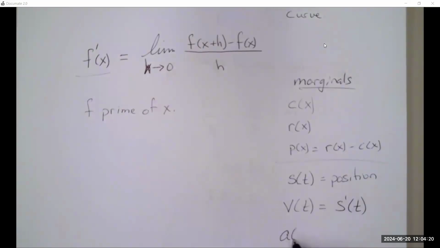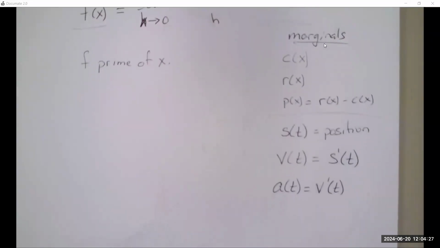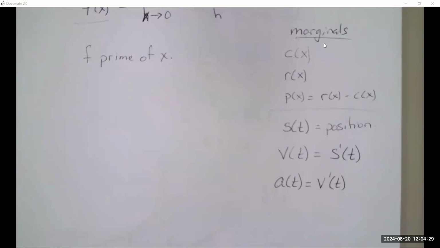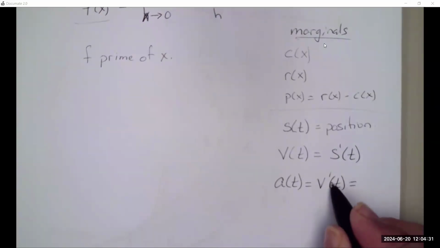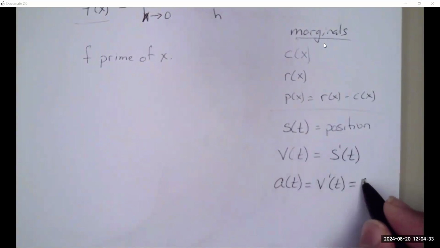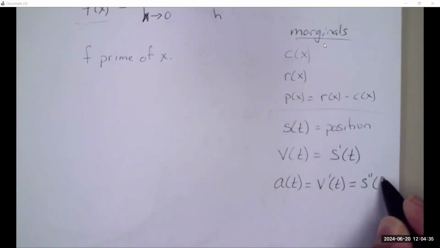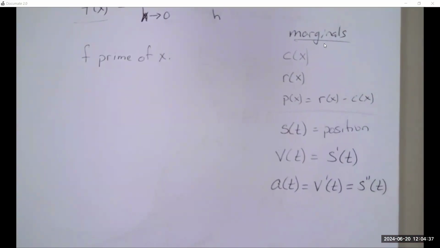Well, what's acceleration? Acceleration is the change of your velocity, which means, since that's the first derivative of velocity, it's the second derivative of your position function.